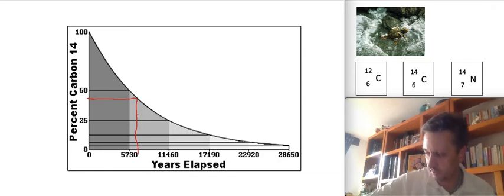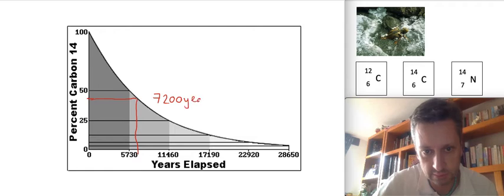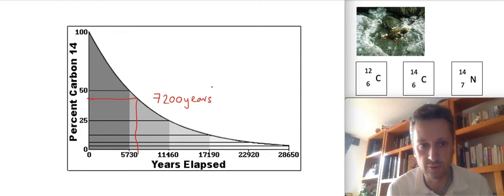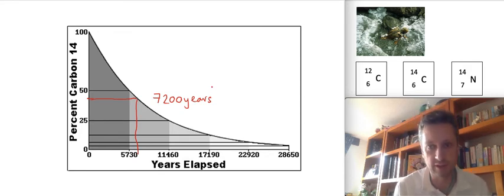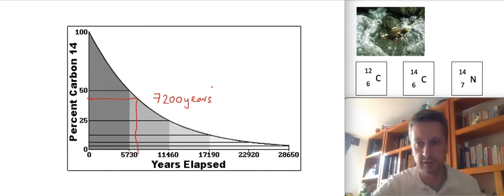Now I would expect that 40% level to be about 7,200 years on the x-axis. So therefore, if the level of carbon 14 is 40% of the living level of carbon 14, I know that that thing died 7,200 years ago. Okay, now I hope that made sense.